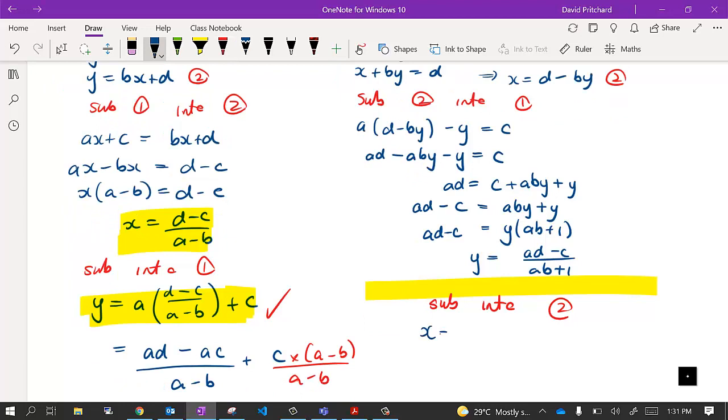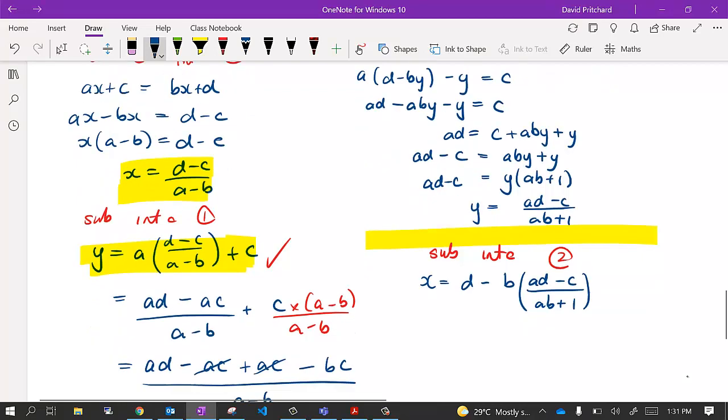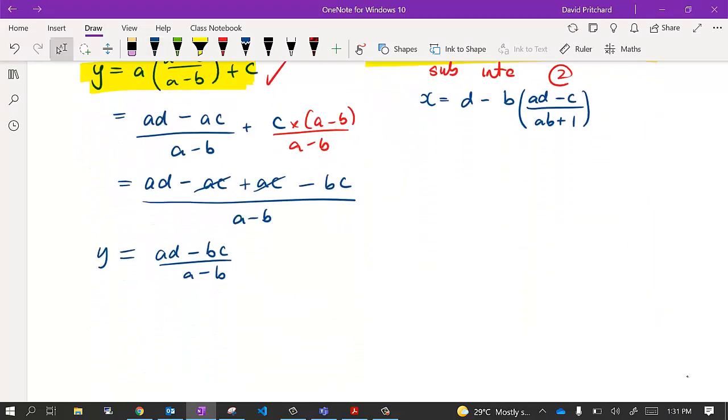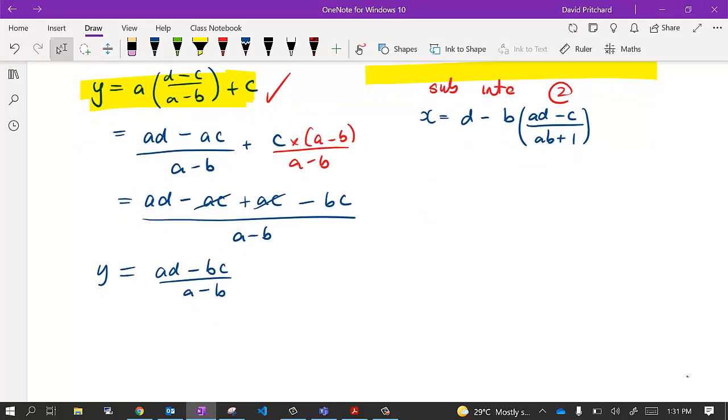So that means we've got x is equal to d take away b multiplied by y, and y is AD take C on AB plus 1. So let's go through that process of simplifying again. Let's get it all on a common denominator. So that means that this D needs to be multiplied by AB plus 1, and it needs to be over that.